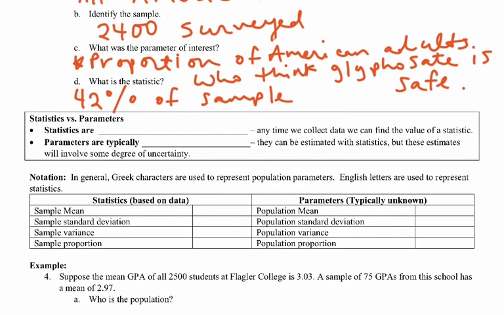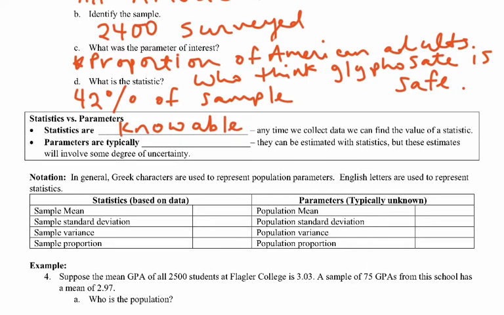All right, so a little bit more information about statistics and parameters. Statistics are always known or knowable. The reason is because they're based on the sample that we collected. So if we collect a sample and calculate, say, the proportion of people who think that chemical is safe, we know what it is. We know it's 42%.